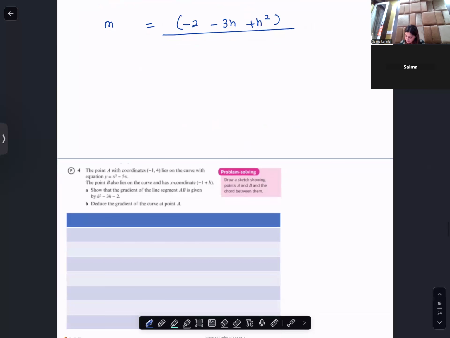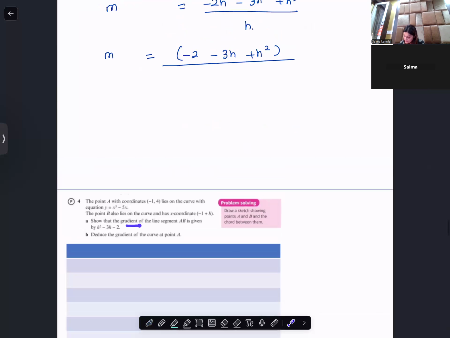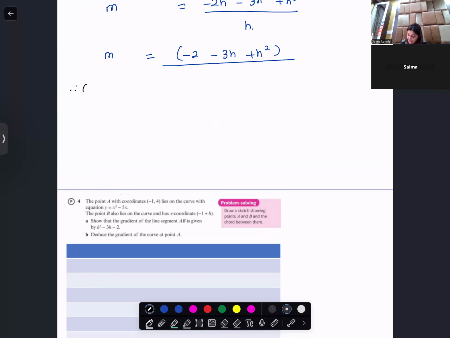What is the next part of the question? They asked me to show that the gradient of the line segment AB is h square minus 3h minus 2. So I will write it in that form: gradient of line segment AB is h square minus 3h minus 2.